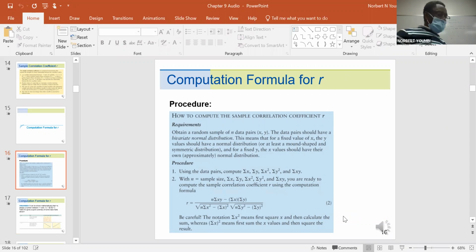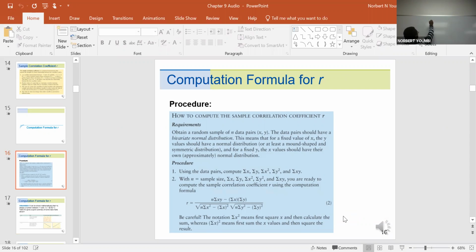So we don't really need to compute this formula, but I just want you to see what it is. That formula is what is used to compute the correlation coefficient.